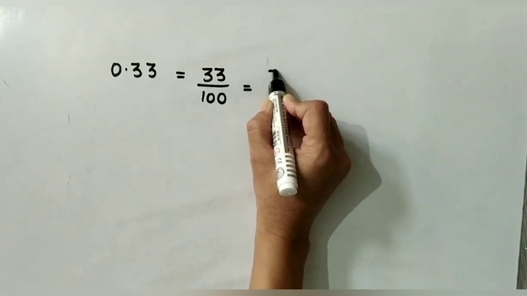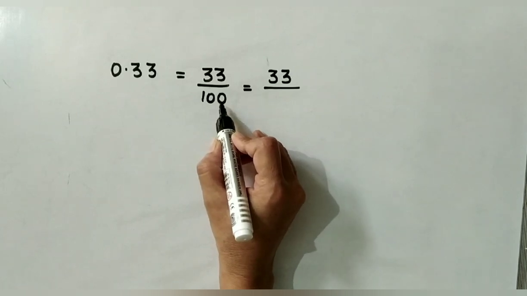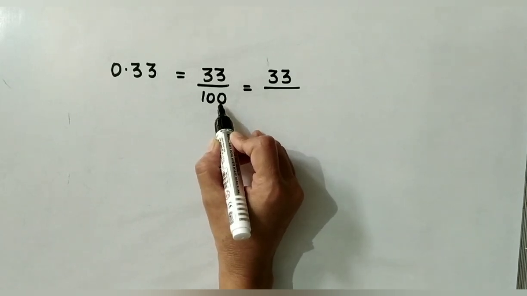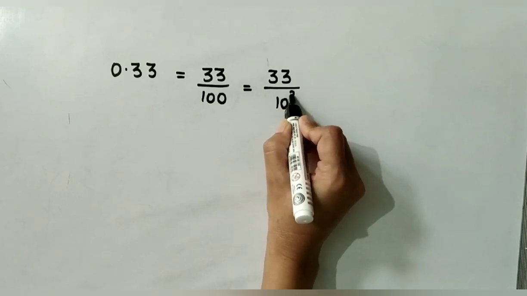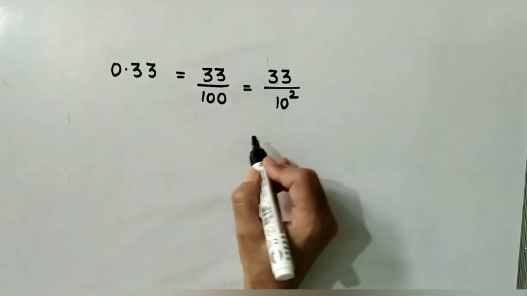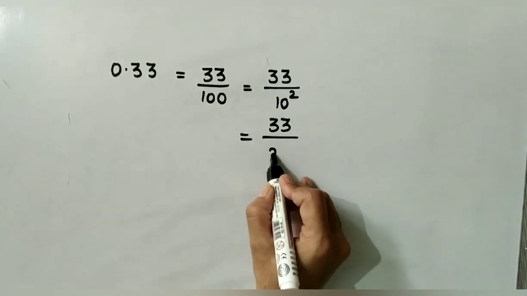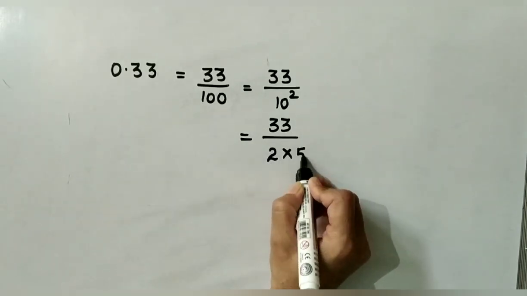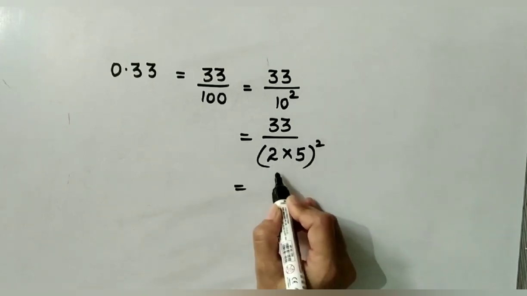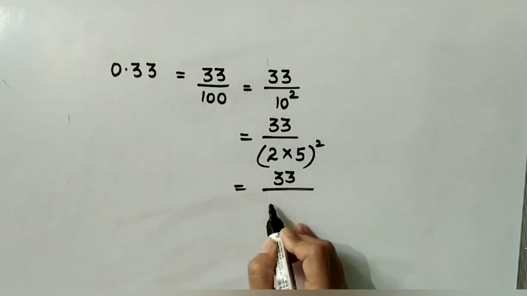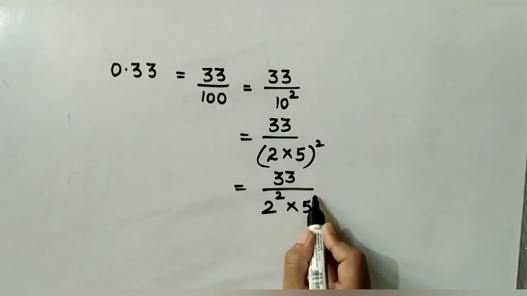Now, how can this 100 be written in prime factorization form? 100 we know is actually 10 square, and 10 has the factors 2 and 5. So this is 33 upon 2 raised to power 2 into 5 raised to power 2.